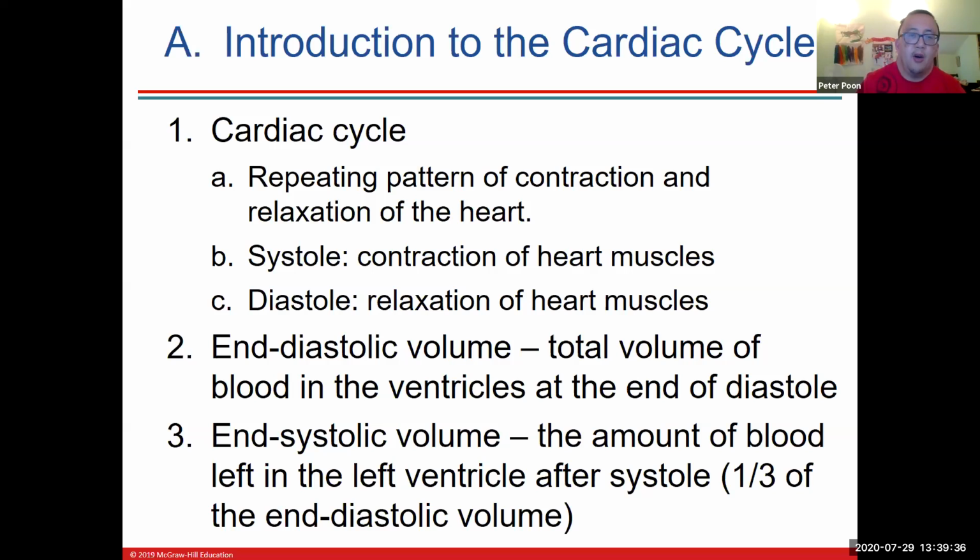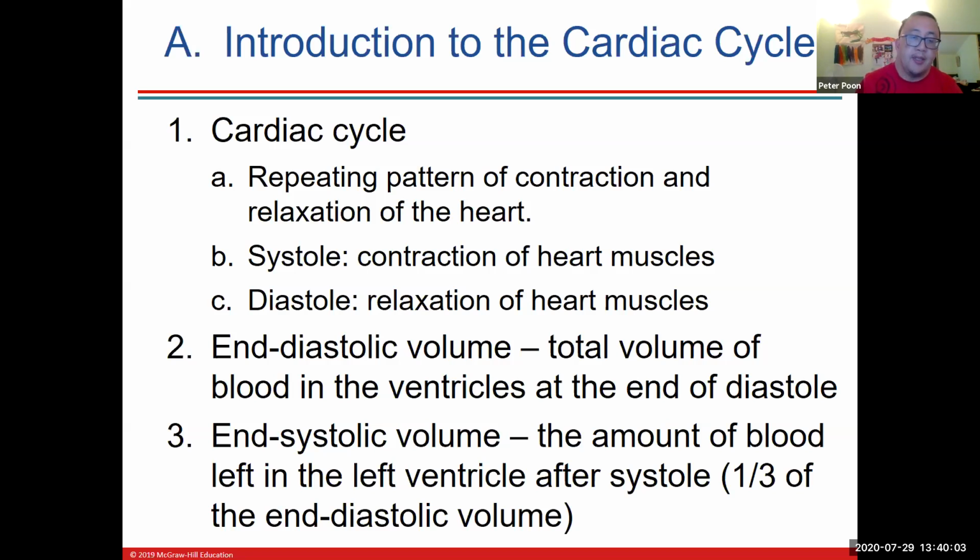Okay, the cardiac cycle. First of all, systole is a contraction of the heart muscles, diastole is the relaxation. End diastolic volume, or EDV, is the total volume of the blood in the ventricles at the end of diastole.